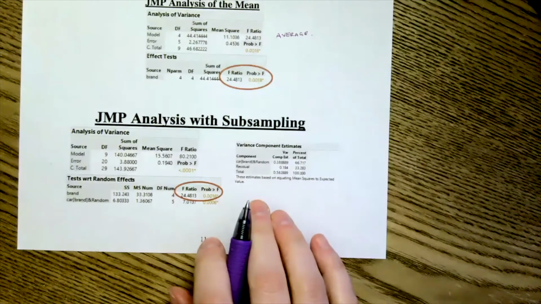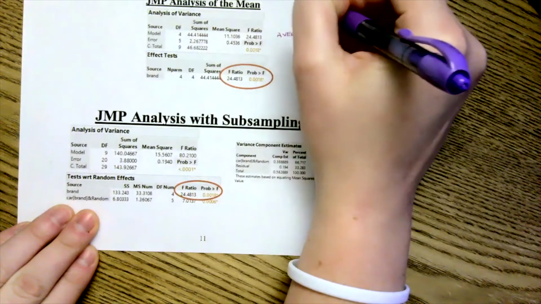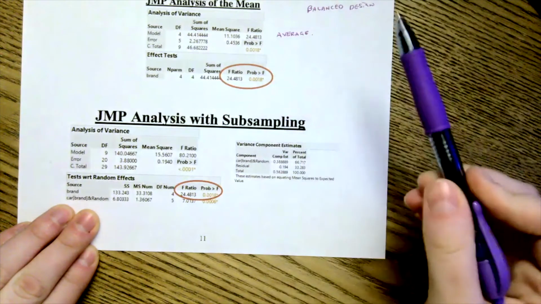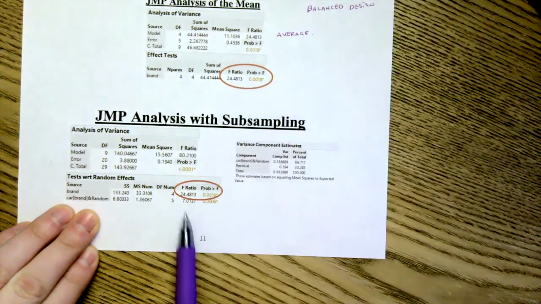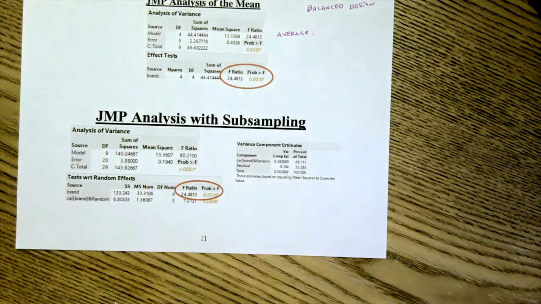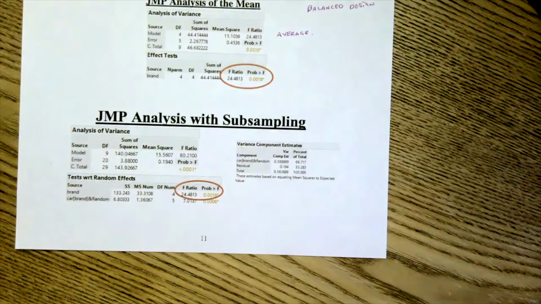Again, you can notice this was a balanced design, and so our F ratios are the same. Our inference about the treatment effect, so whether the treatment was effective or not, will be the same. What subsampling is going to give us is this extra component of being able to understand where the variability is within our experiment.